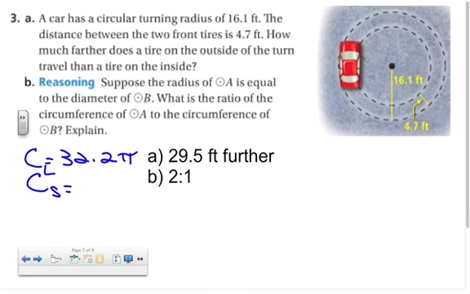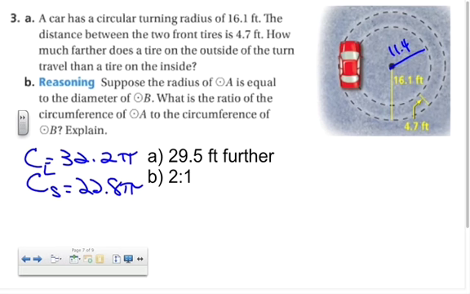The difference between them is 11.4, so 22.8 pi. Where am I getting the 11.4? Notice this time they didn't give you the smaller radius. They gave you the distance between the two circles. So you'd subtract the 16.1 minus the 4.7 to find this smaller radius as 11.4.